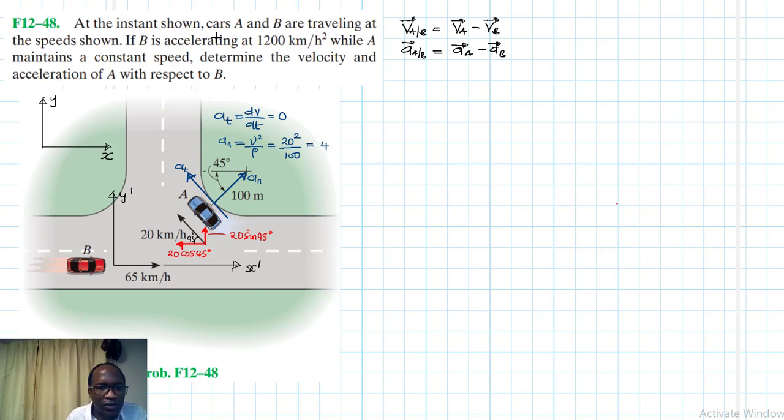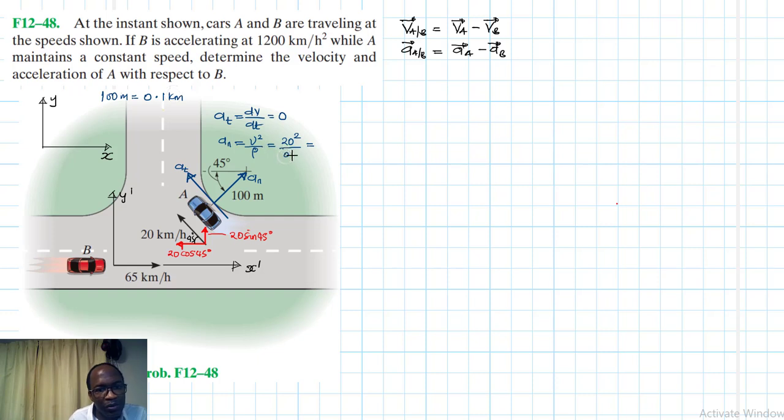I need to convert this 100 meters into kilometers, so 100 divided by 1,000. 100 meters is equal to 0.1 kilometers.